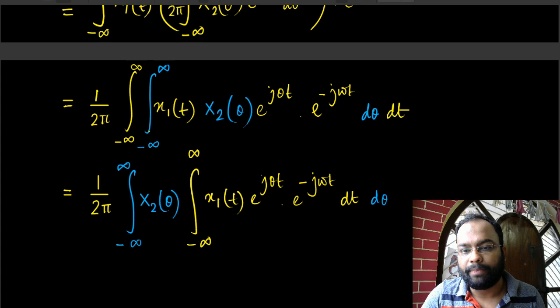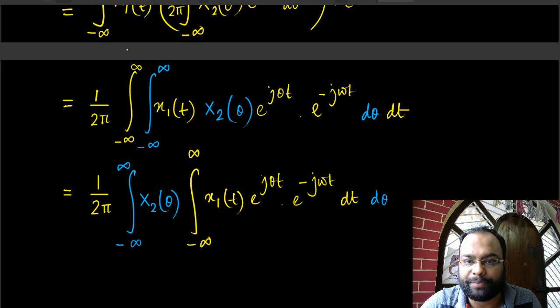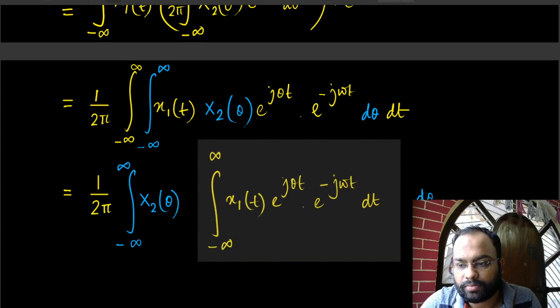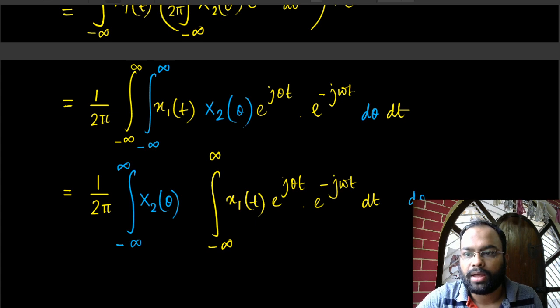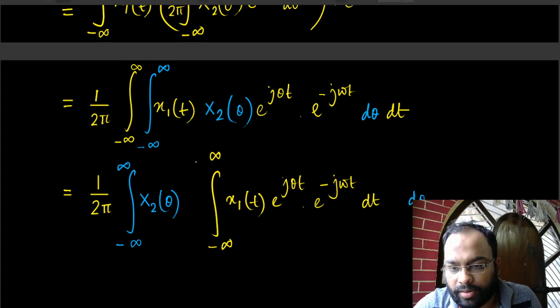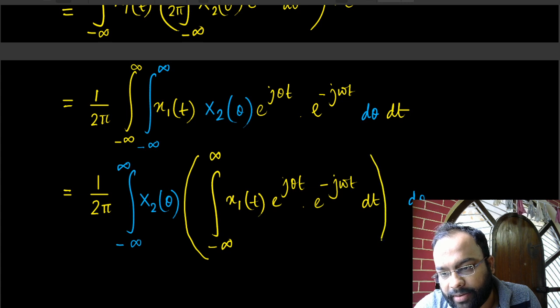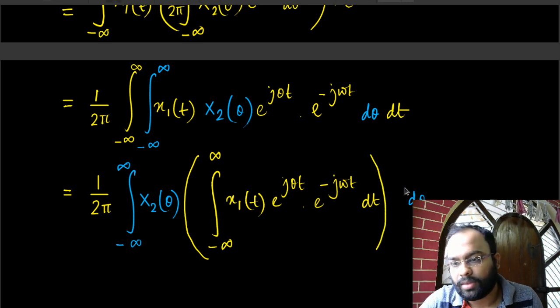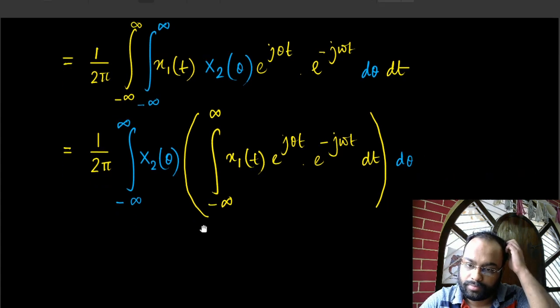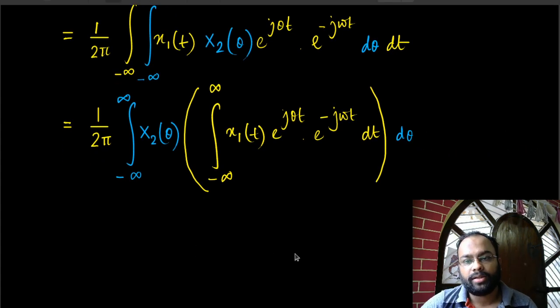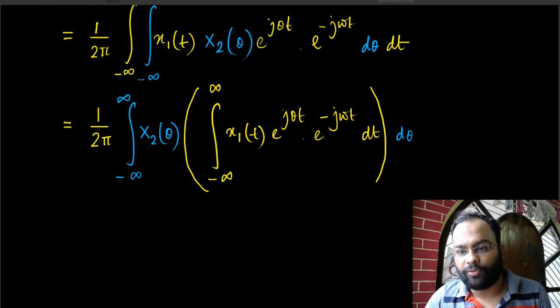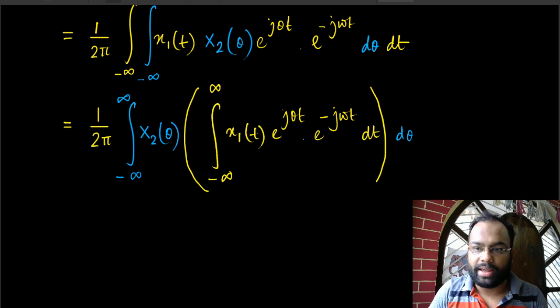So I can pull this outside and treat this internal integration as a completely separate matter, and as such I can happily put a bracket here. So I believe you are getting the hang of it, right? Again, feel free to ask if you have any query.